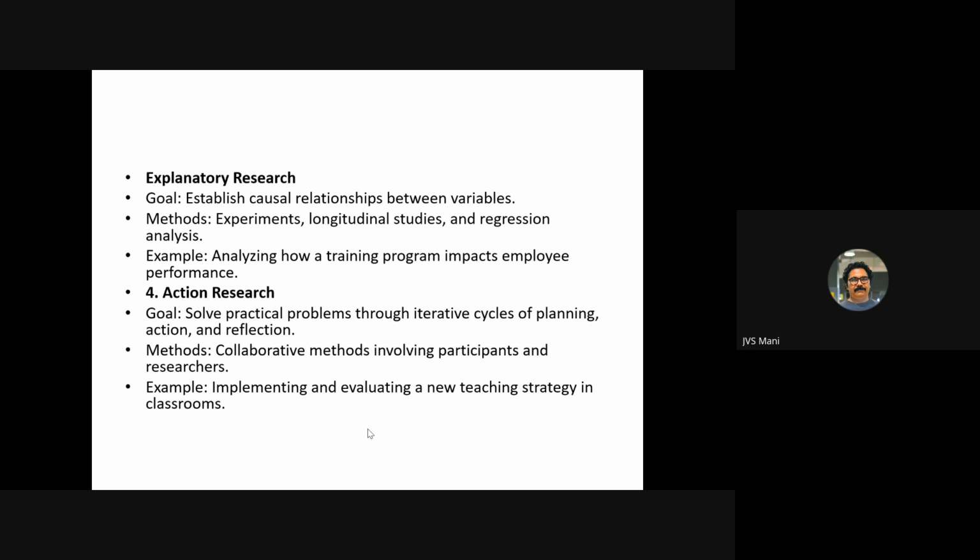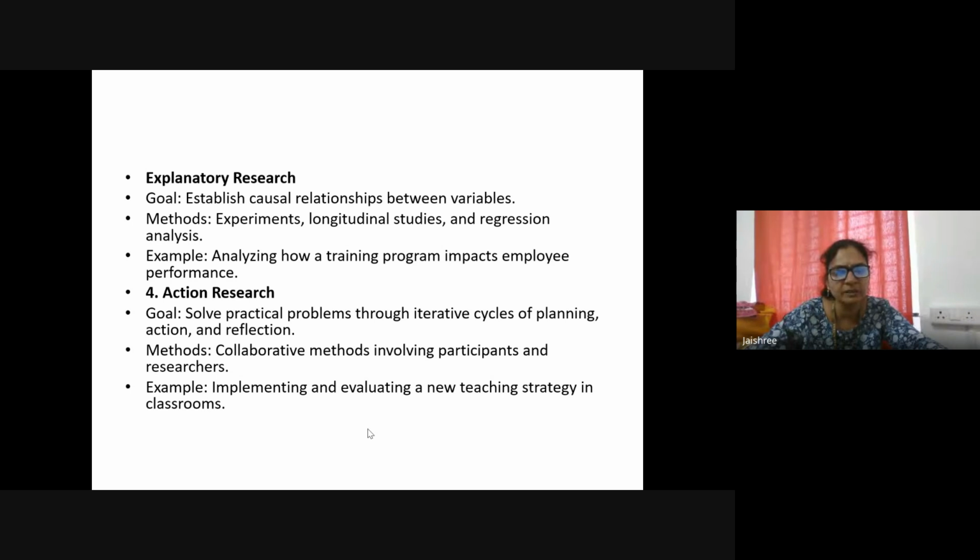Thank you, sir. There's a question about the difference between action research and applied research. Action research focuses mainly on analyzing and improving local problems. You focus, you analyze the problems, and you also improve them. In applied research, your aim is to solve immediate problems.